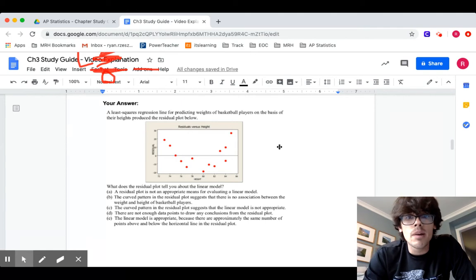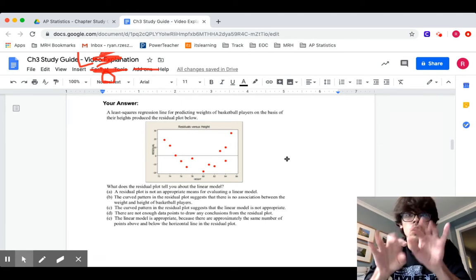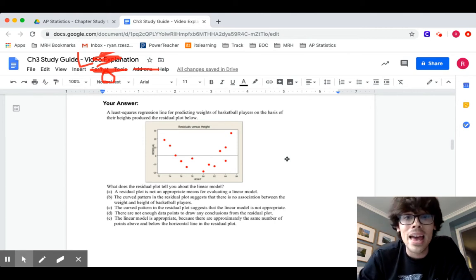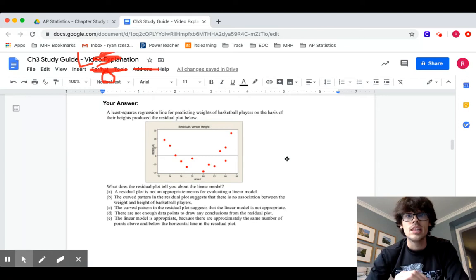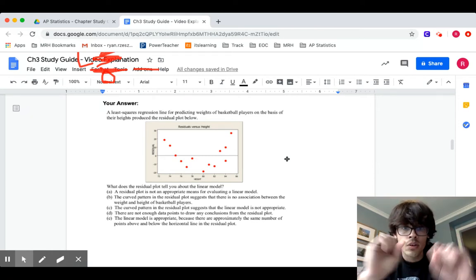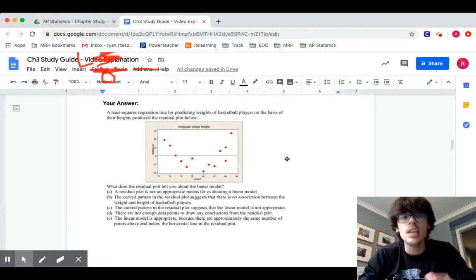For a linear model to be appropriate, you need to see in your residual plot just a bunch of random scatter, points everywhere. Because what a residual plot does is it magnifies the difference in the predicted values, and it kind of zooms in on it and changes your perspective, where if you just see scatter, it means your linear model is doing the best job it could.